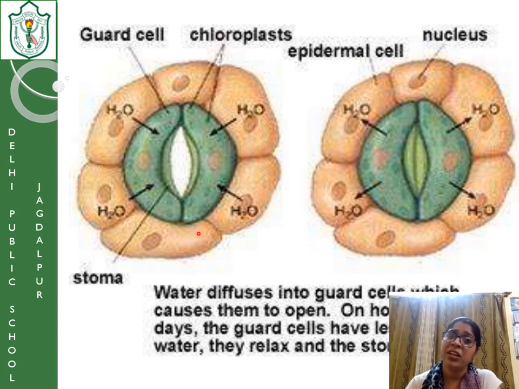Children, everything which is said in science has to be proved. We said that without water, a plant cannot do photosynthesis. Without carbon dioxide, we cannot do photosynthesis. Without chlorophyll, photosynthesis is impossible. To prove these facts, we have to conduct an activity.